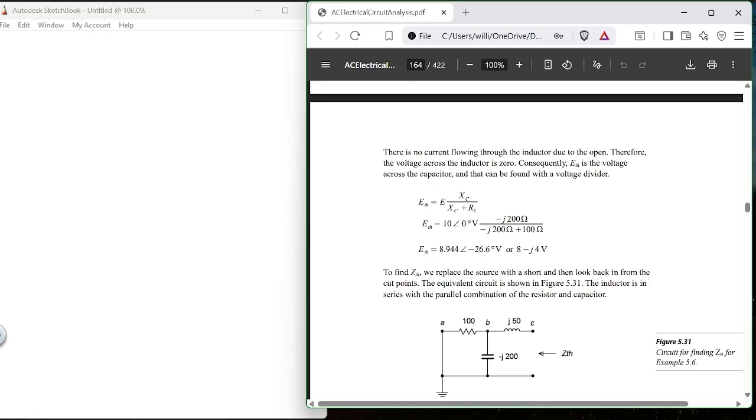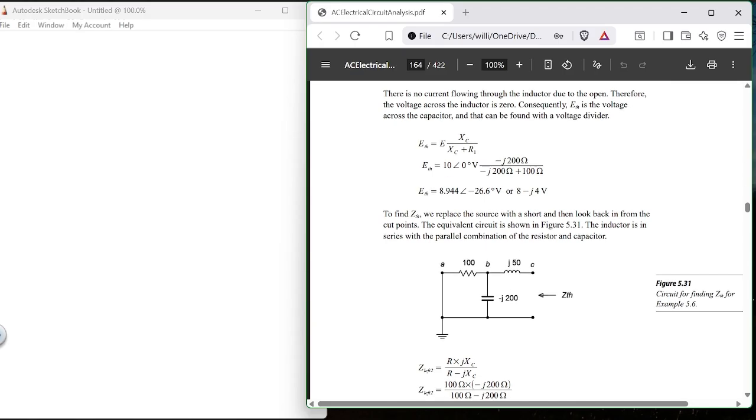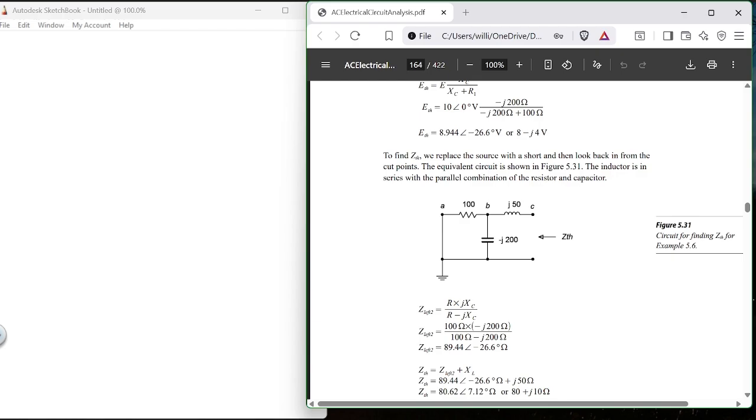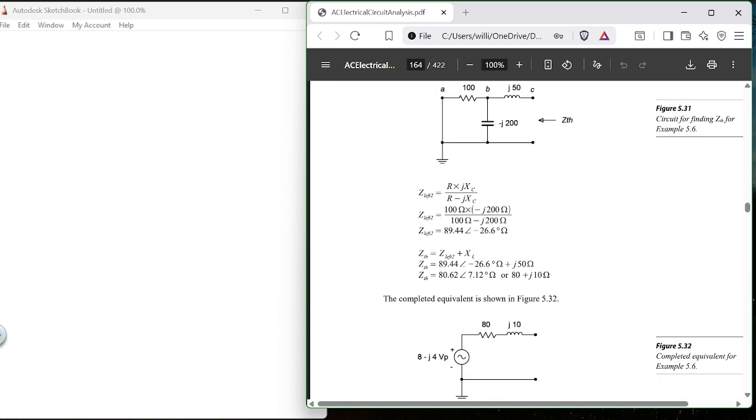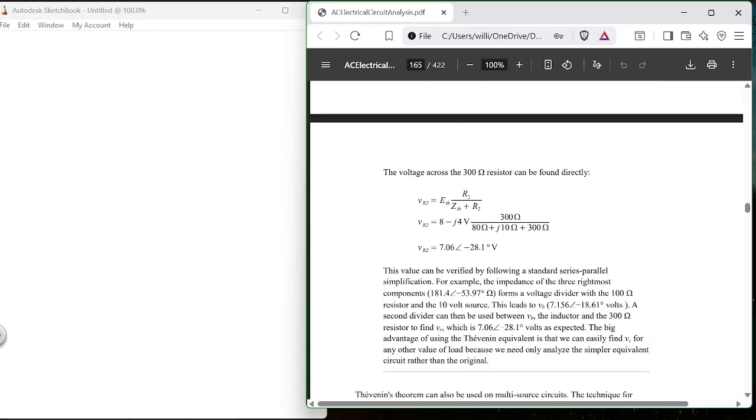Because your Z's are dependent on frequency, aren't they? And you have to have that device in there in order to get that frequency. You can't measure with an ohm meter and get these values. You have to have that frequency in order to get those values for those Z's. But that being said, this process works, okay?